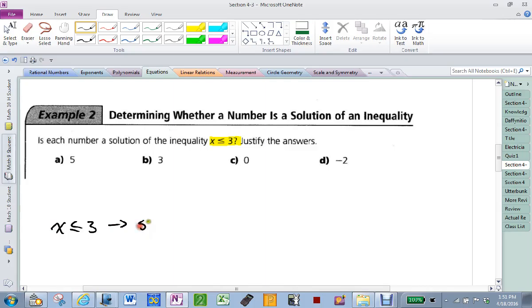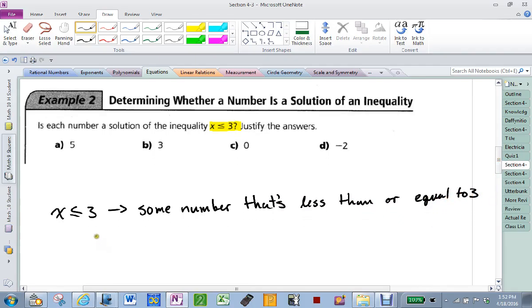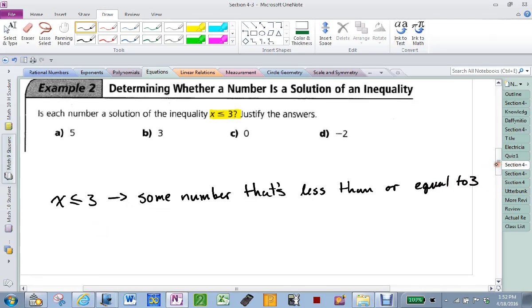So I need some number that's less than or equal to 3. No, less than. It points left. So 3, 0 and negative numbers. So, yes, you all know it from looking at it, but we have to prove it mathematically.